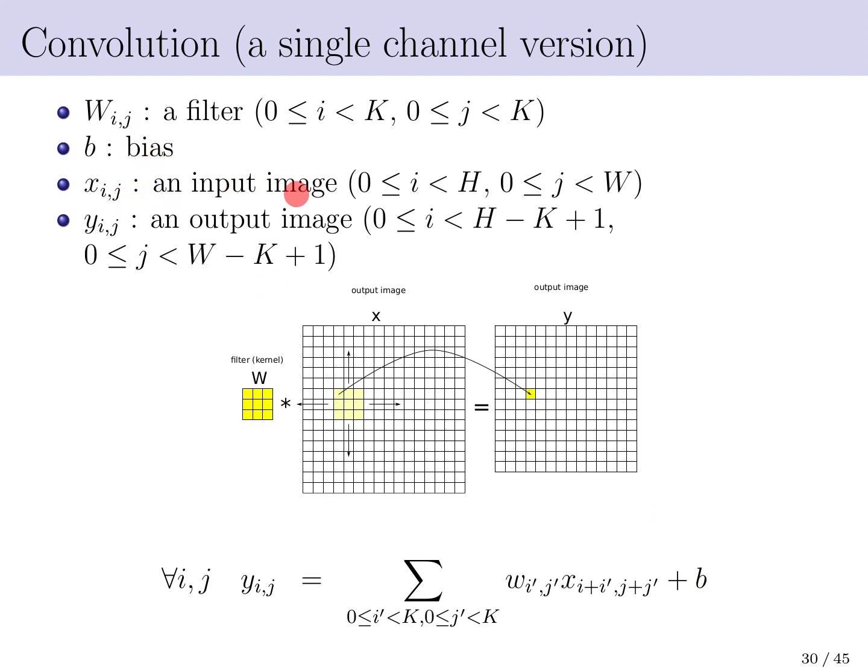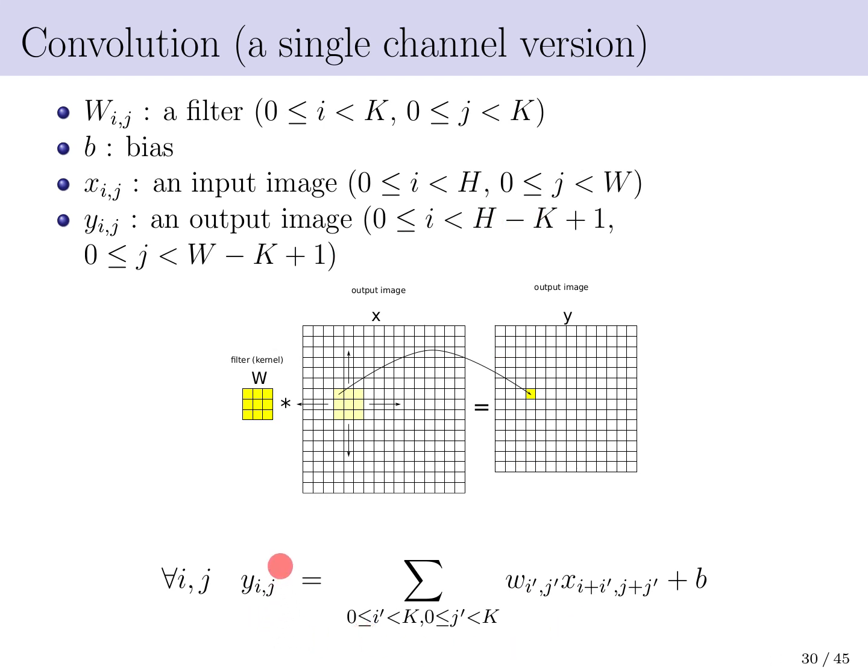And the input image is, let's say, an H by W 2D array, Xij, and the output image Yij is, like I said, slightly shrunk by 2 pixels on each side. The exact expression is like this.